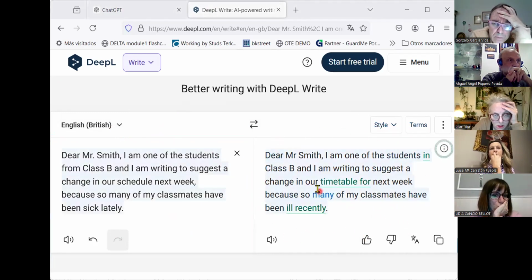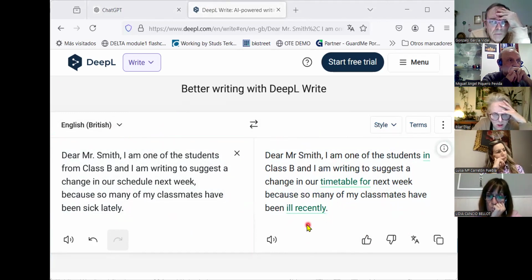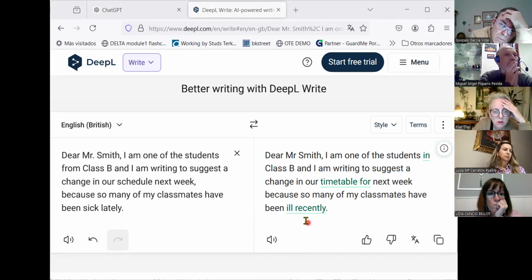However, it's given us a different word, timetable instead of schedule. And instead of saying sick lately, it said we could use ill recently, which is absolutely synonymous, isn't it? It's just suggesting a way which looks a little bit nicer.